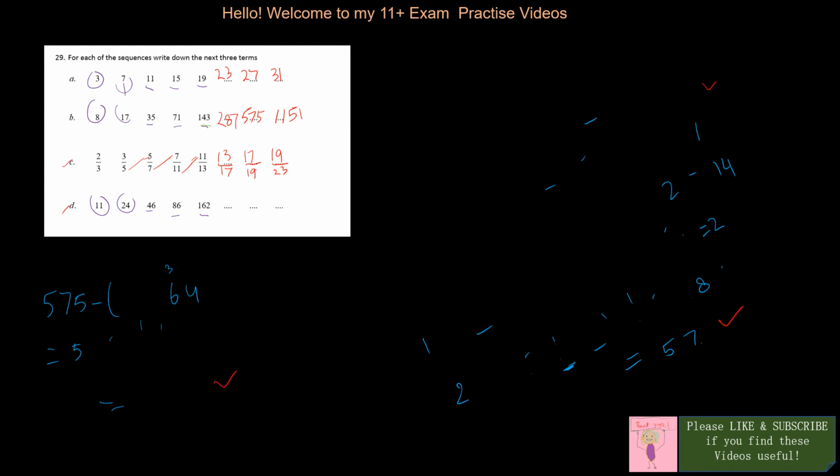So we have 287 and 23: 7 and 3 is 10, 0 and carry 1, 8 and 2 is 10, 1 and 1 is 2, 310. Okay, the next one will be 27 plus 575. So it will be 575 and 27. You have to add: 7 and 5 is 12, 2 and carry 1, 7 and 2 is 9 and 1 is 10, 0 and 1, 602.